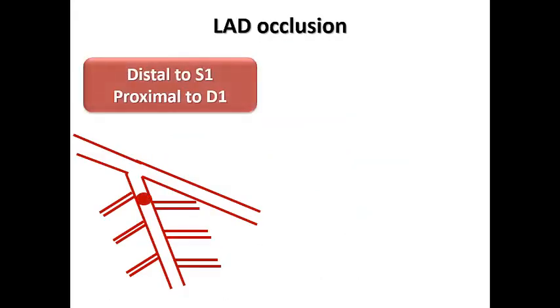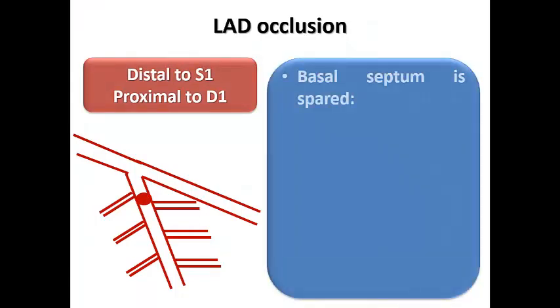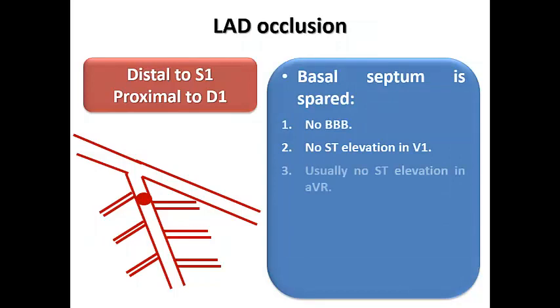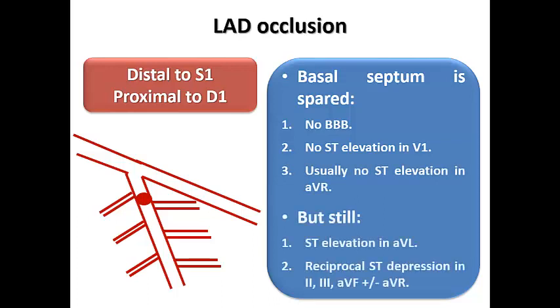When the LAD occlusion occurs distal to S1 but proximal to diagonal 1, here the basal septum is spared, so there is no bundle branch block, of course no ST elevation in V1, and usually no ST elevation in AVR. But still, the patient can have ST elevation in AVL and reciprocal depression in inferior leads plus minus AVR, as here the injury vector is away from it.